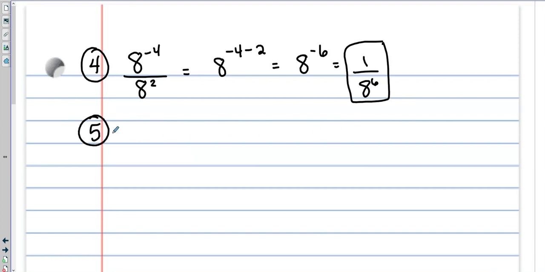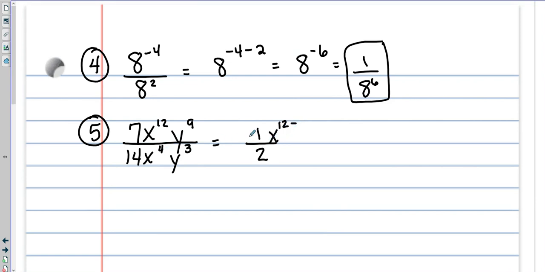Okay, number 5. We have 7x to the 12th power, y to the 9th, over 14x to the 4th power, and y to the 3rd power. Okay, so the rule is you can divide your coefficients. So I can simplify 7 over 14 and it becomes 1/2. Now I'm going to simplify using the quotient rule. So x to the 12th power minus 4.